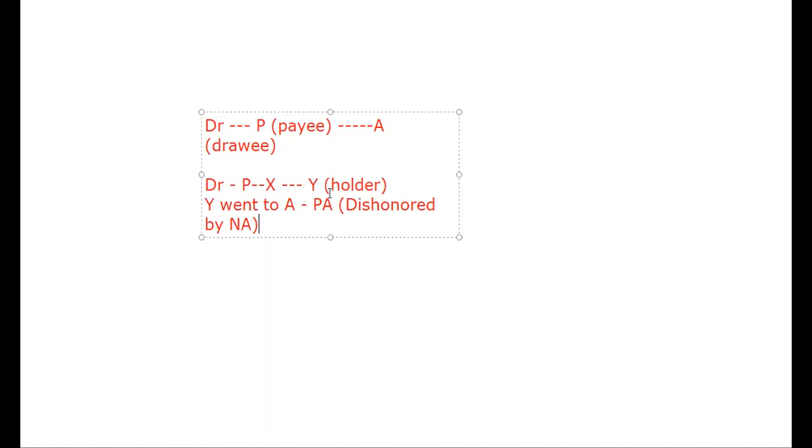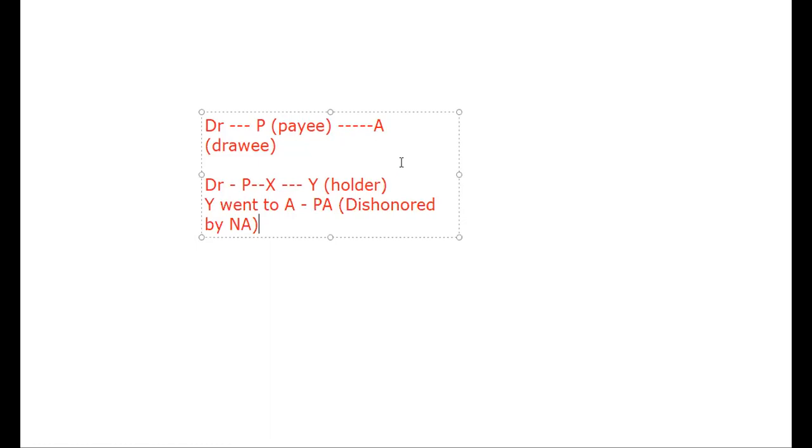The next step now that should be undertaken by Y is to serve notice of dishonor to the drawer, to P, and then to X. After Y served the notice of dishonor to the drawer, that's the time now that the drawer can be held liable. So drawer, dalawa na yung requirements na nag-concur.